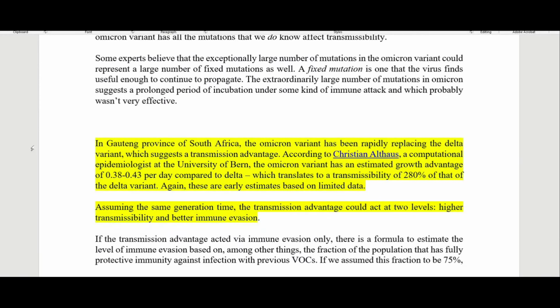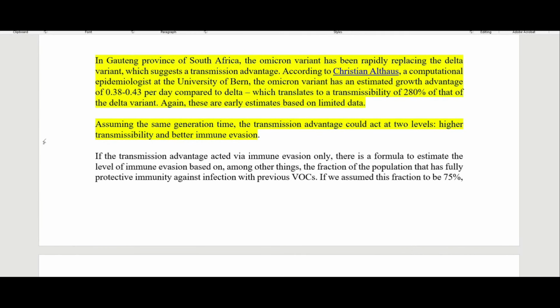All right, so this was the next section of that article. So in Gauteng province in South Africa, the Omicron variant has been rapidly replacing the Delta variant, which suggests a transmission advantage, according to Christian Althaus, a computational epidemiologist at the University of Bern.